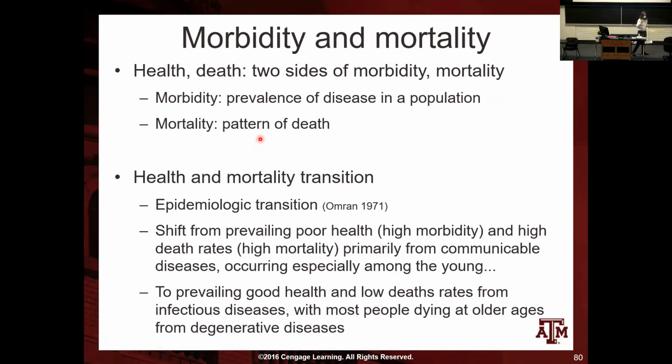And as we discussed in the chapter about theories of demography, specifically about mortality, we have seen some transitions in the prevalence of diseases and the pattern of death over time.